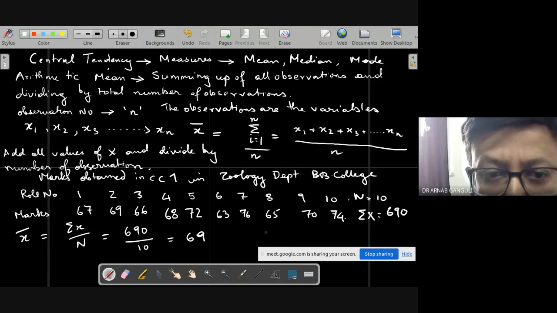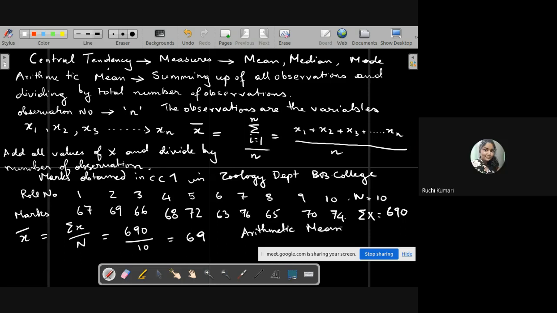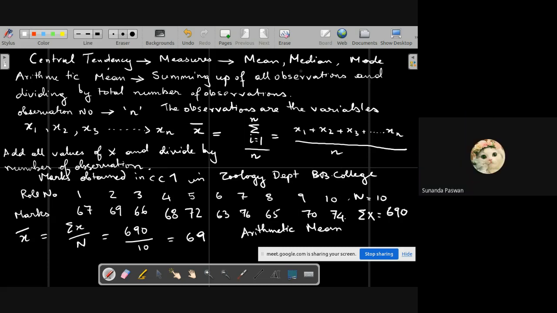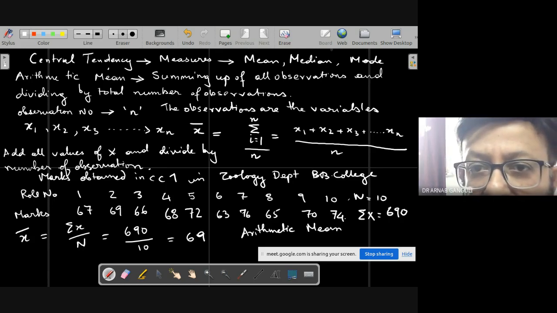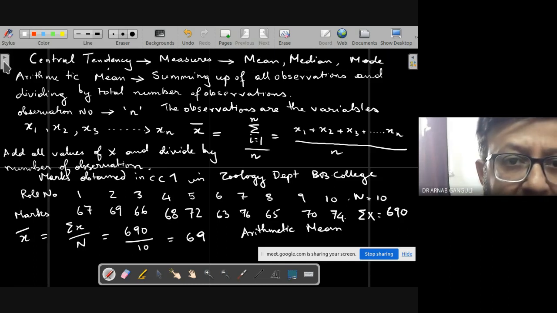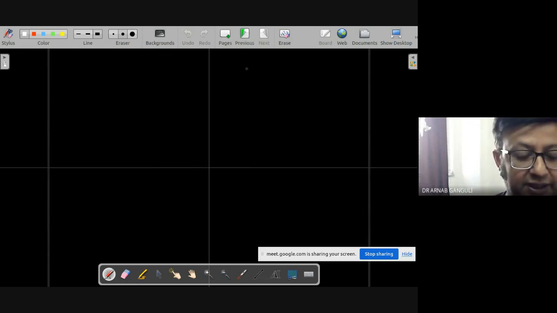So this is known as the arithmetic mean. Clear? Did you understand this? Yes, sir. Okay. Let's go to, where was the plus? I forgot. Oh, it went below this. Okay. Next, let us go up to median.